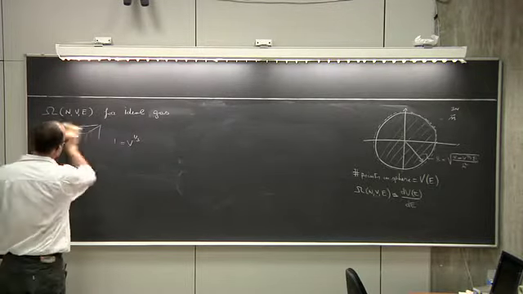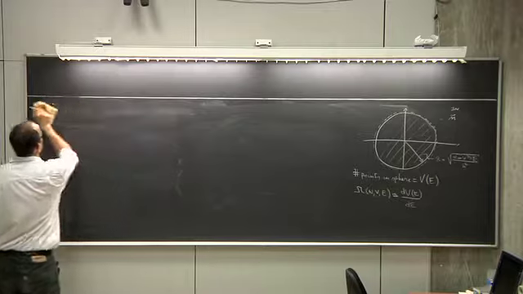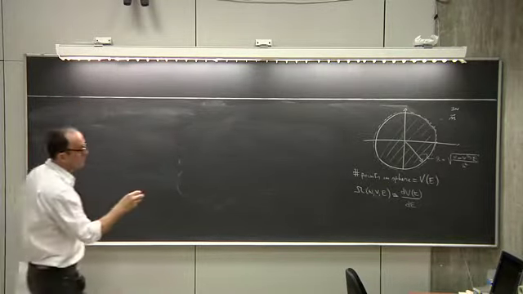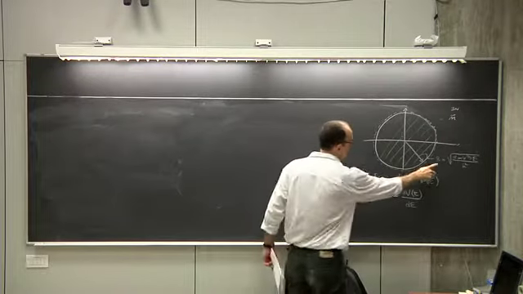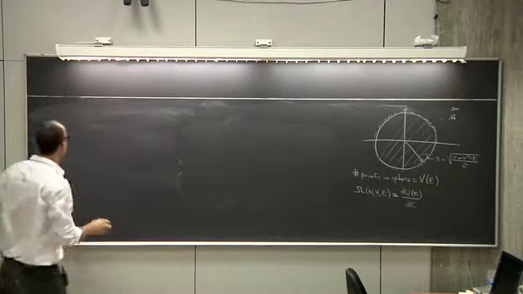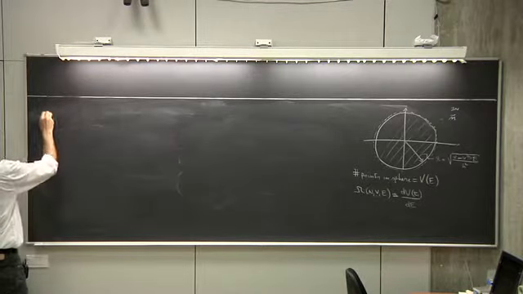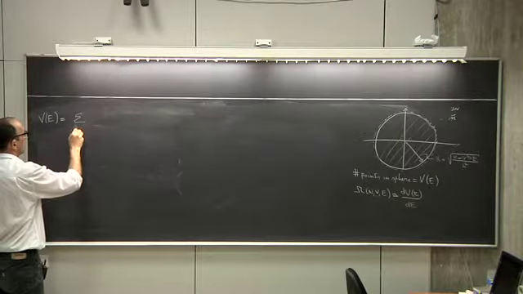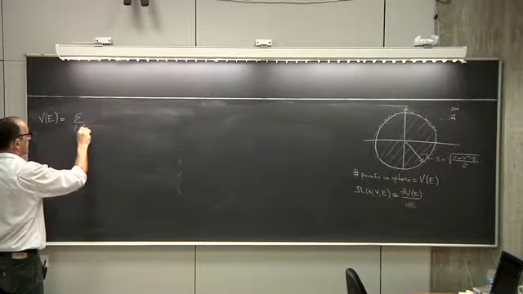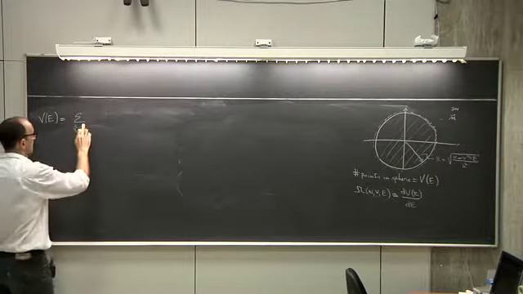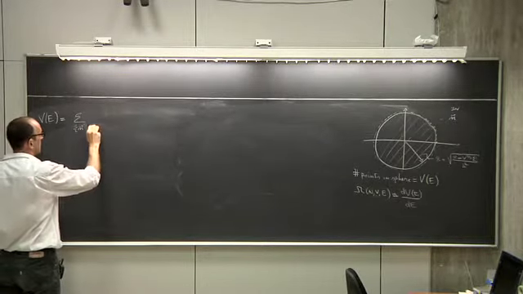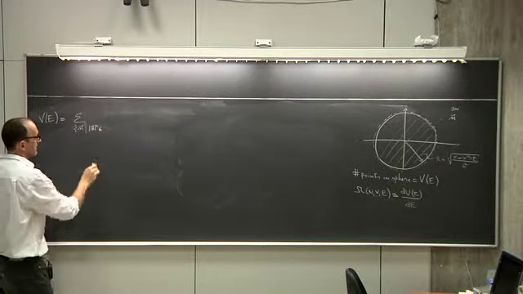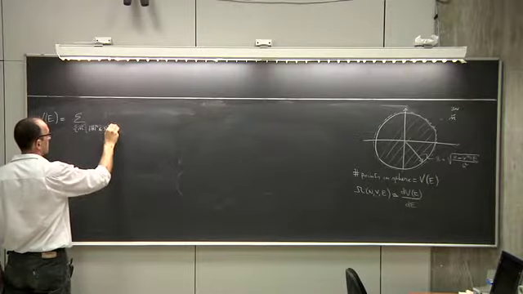So the first step is simple. Our volume V of E is equal to the sum over all the vectors n such that the modulus squared of n is less than r squared.